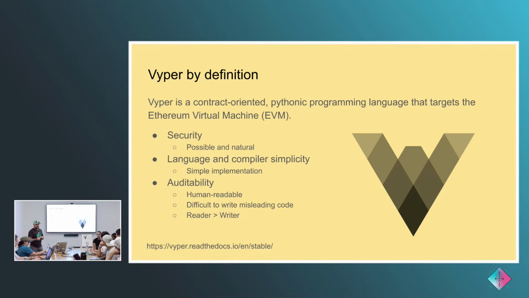So your next question is, okay, well, what is Vyper? Vyper is a contract-oriented Pythonic programming language that targets the EVM, the Ethereum Virtual Machine. Some of the things that are unique about Vyper, and we'll get into more depth about this, is the focus on security. With security in mind, it should be possible, and not only possible, but natural to write secure contracts, right?